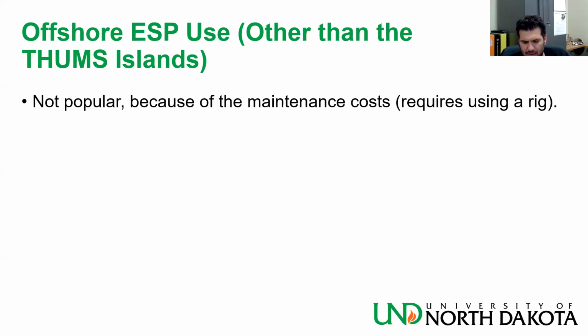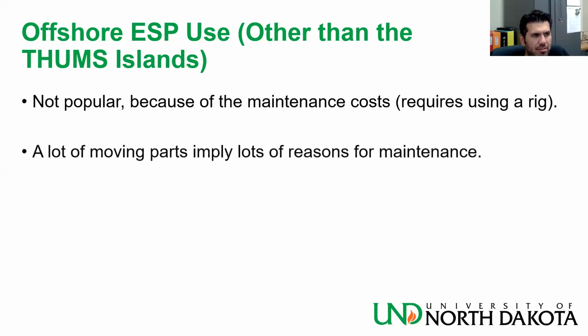It's going to be like an $8 million operation to fix that ESP, because you need to pull it from downhole, see what is wrong, and fix it. You cannot fix it from the surface. So it's not very popular, as you can imagine.